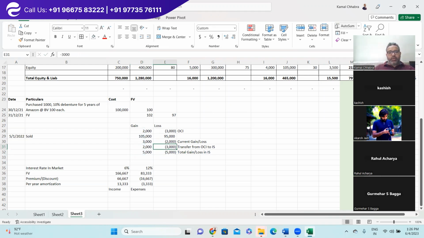This is the way you need to do the calculations, and this is the way you need to make the accounting entries. The impact will be the same, but this is how the accounting treatment needs to flow. Right, Kashish, Gurmehar, Rahul? Yes, sir.